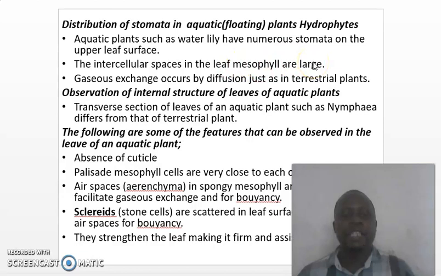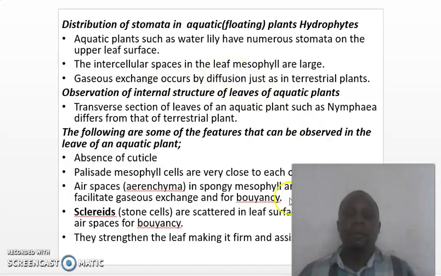They have got large intercellular air spaces. This has got two main functions. One, to store air for gaseous exchange, and two, for buoyancy, to enable the leaf to float on water. Gaseous exchange occurs by diffusion, just like any other plant.